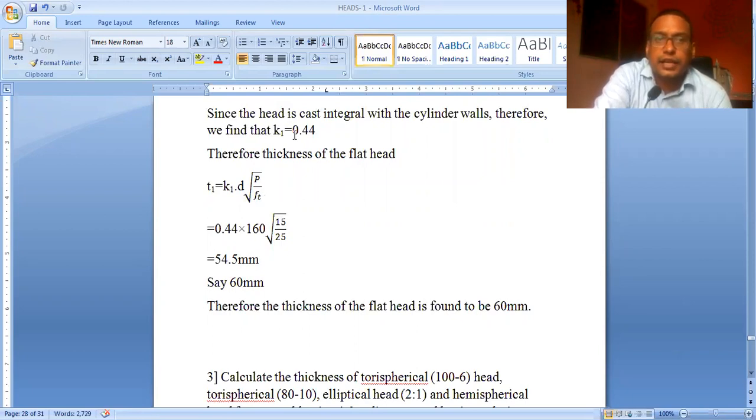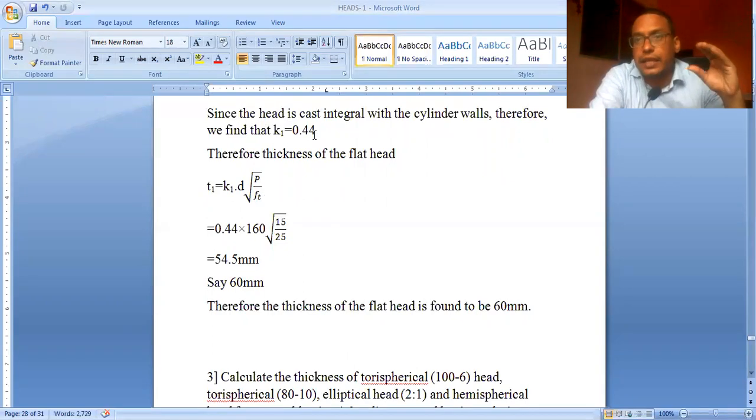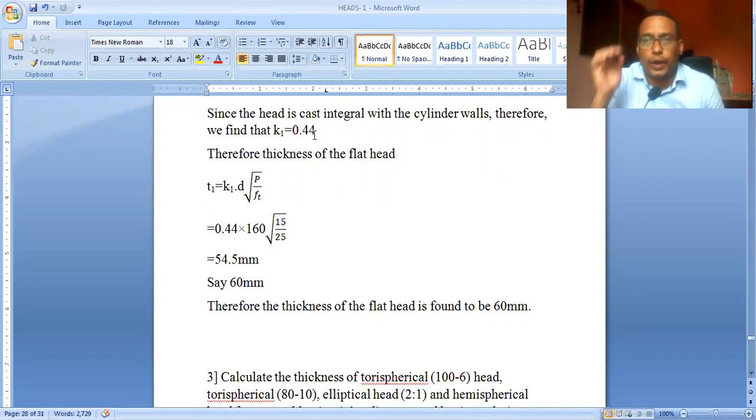Therefore, K is taken as 0.44. However, we have considered the formula for two different situations, that is welded and supported at the two ends. There the constants are different, 0.31 and 0.188. Now in this case the constant is 0.44.